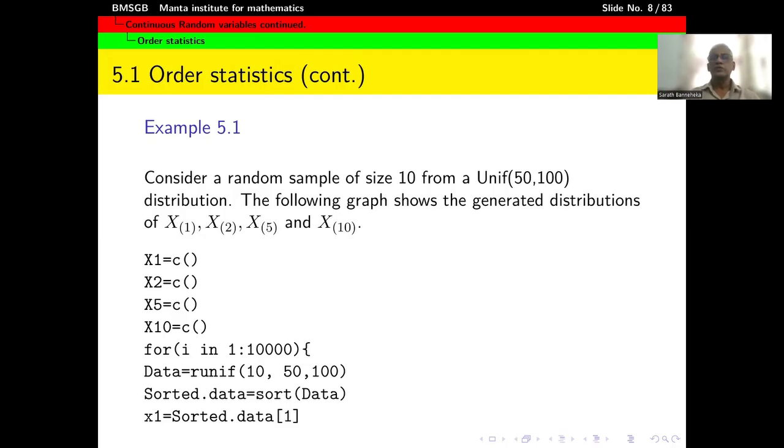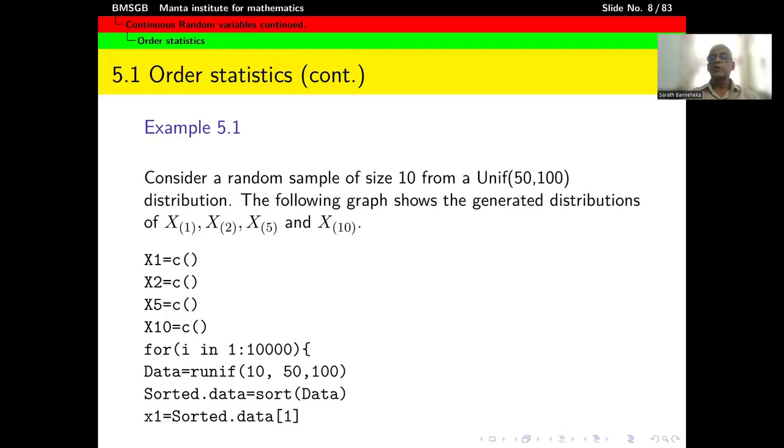Sampling distribution of the sample proportion. Similarly, here we are going to find the sampling distribution of the minimum, the sampling distribution of the maximum, the sampling distribution of the second order statistic, and the sampling distribution of the fifth order statistic, just to get some idea. So how do we do this? First of all, I'm going to consider a large number of random samples. Each sample is of size 10.